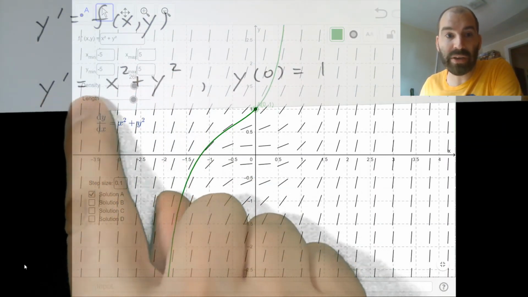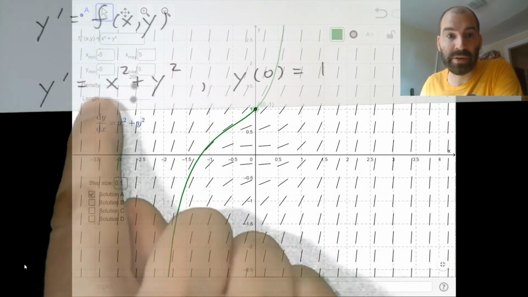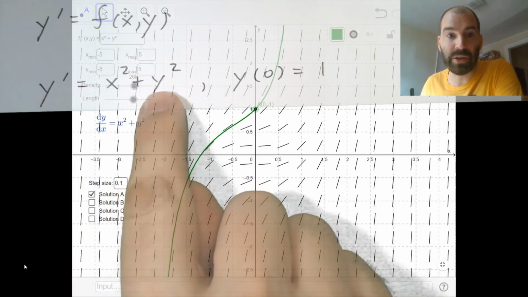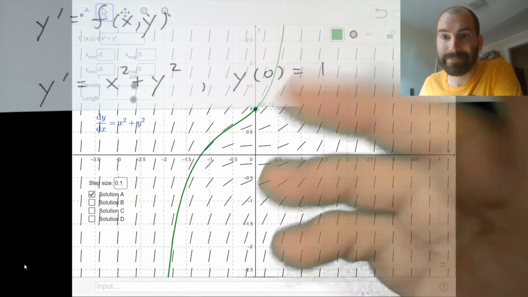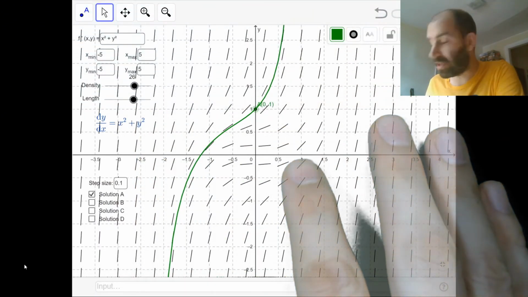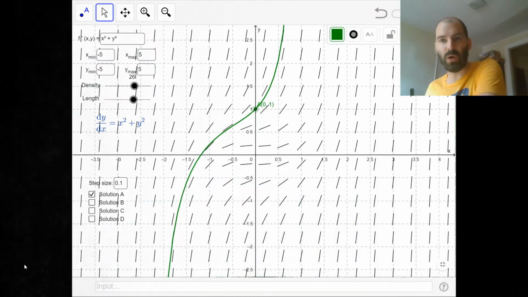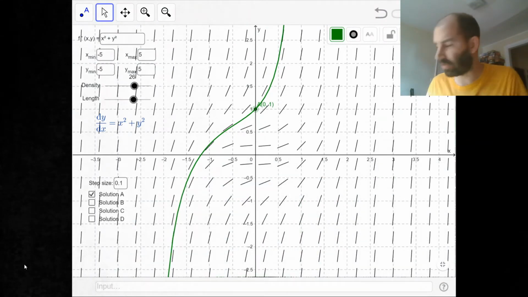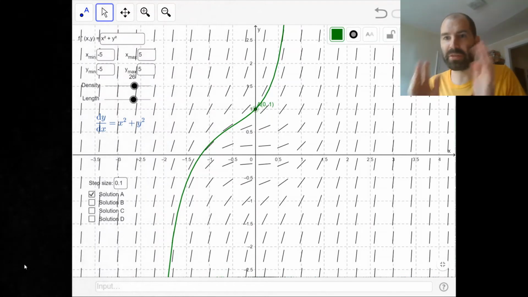If you differentiate this with respect to y, you get 2y. That's linear, that's certainly continuous. So we know that the solution is also going to be unique. And that's why this program is able to draw one and only one curve through that point. So the theorem's guaranteeing that that's the case before we even look at the slope field.